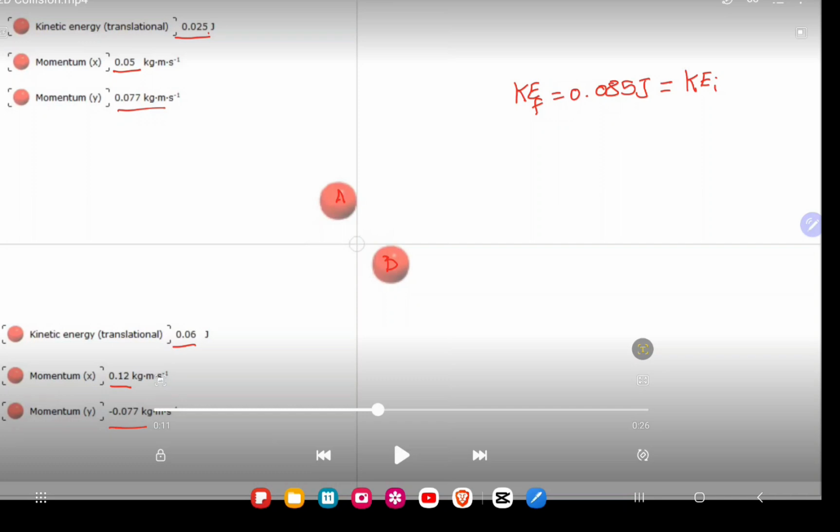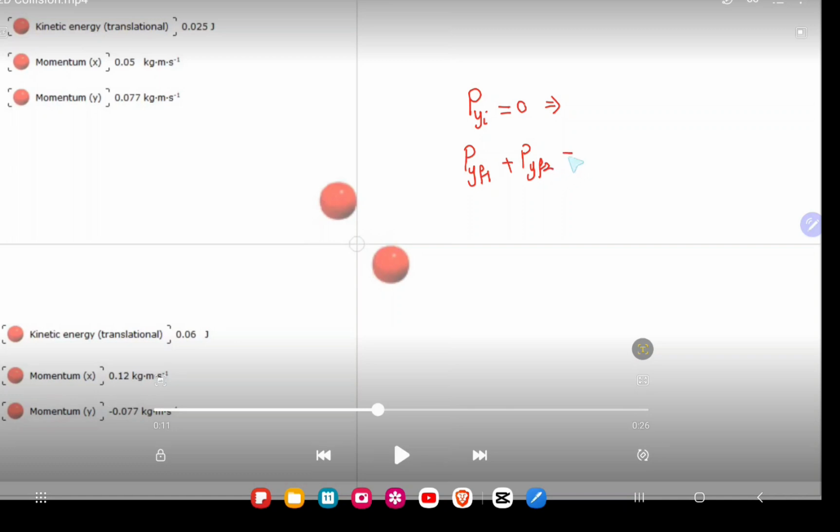Momentum on y initial is equal to 0, which means the only momentum we have is after the collision. So Py final for the first one plus Py final for the second one equals 0, which exactly matches what we just got here, 0.077 minus 0.077 kilogram meter per second.